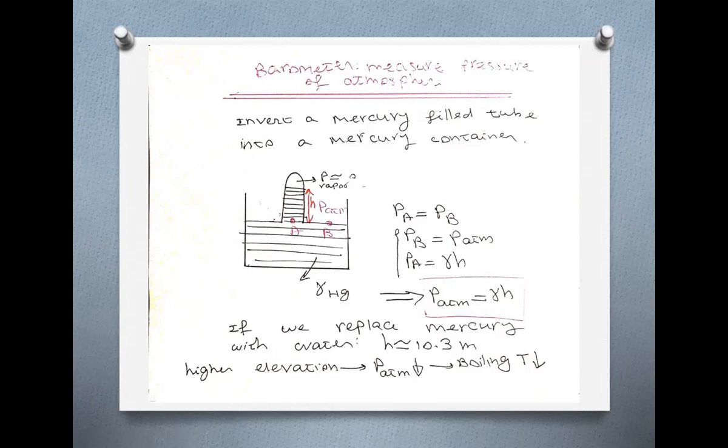When you go higher in elevation, the atmospheric pressure decreases, and so does the boiling temperature, for example the boiling temperature of water. We talk about this in detail in fluid mechanics when we get to vapor pressure.